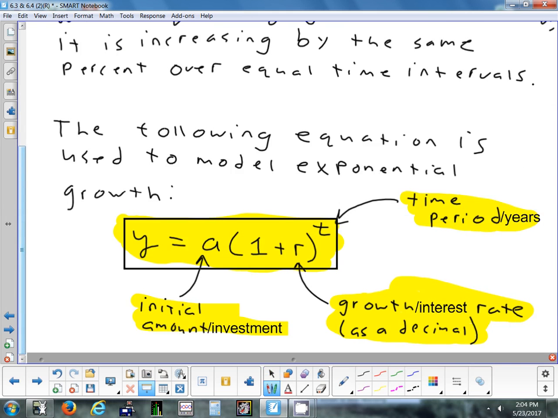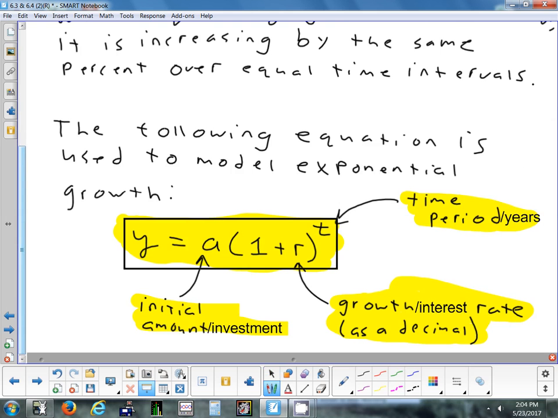So this formula shows you how to do exponential growth. If I want to compare it to the example I just gave, let's say you had a city and it was going up 2% every year. You'd have to know how many people start in the city, what's the population when you start. Then you'd have to know how fast the population is growing.